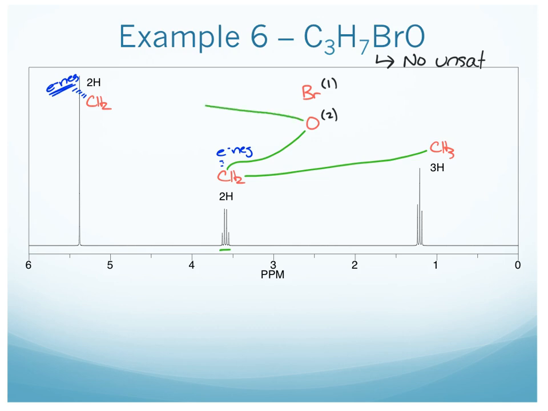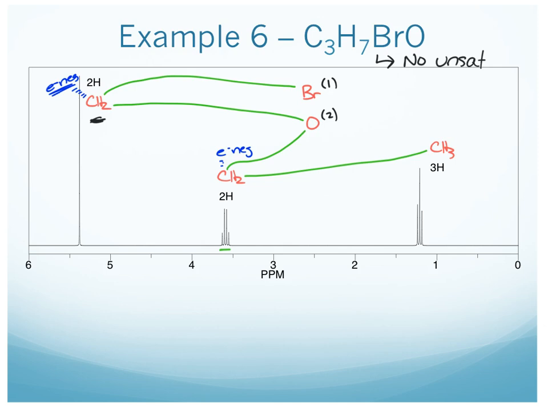And I'll connect that oxygen to this CH2, and this CH2 to the bromine. Now, hopefully you can see why this CH2 is clear down at 5.5, because it's connected to the oxygen and the electronegative bromine.